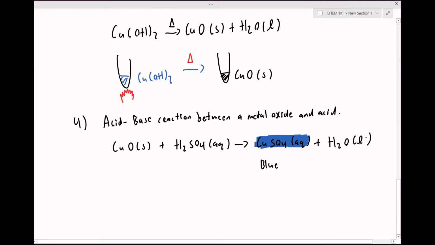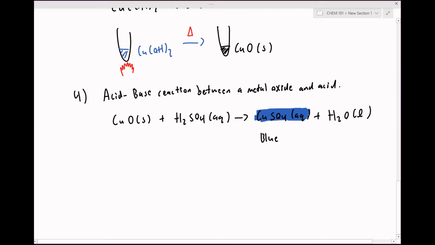Now, if we look at the net ionic equation here, and think about what's going on in solution, we see our copper oxide is an insoluble salt, so we don't dissociate it. Sulfuric acid is a strong acid, so it dissociates into 2 equivalents of H plus and 1 equivalent of sulfate anion.